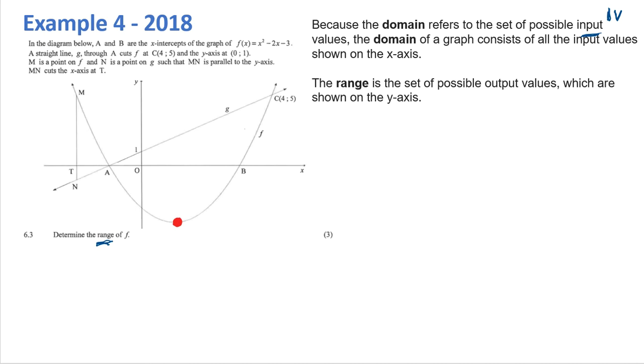And what they define this as here is the range is the set of possible output values, which I also refer to as the dependent variables, okay? So it's all the values where this function f(x), which is the dependent variable, all the y values where this would be a legitimate function.